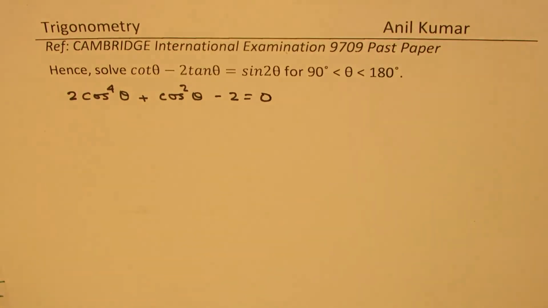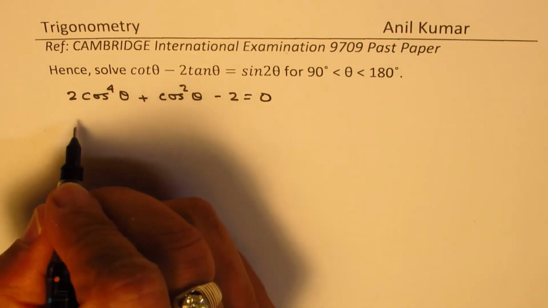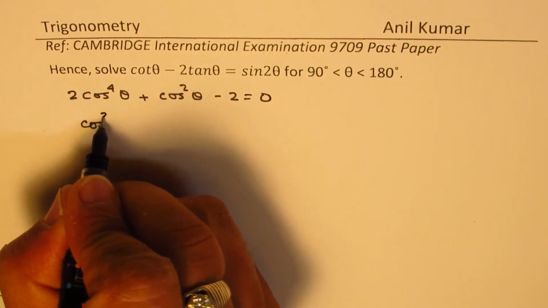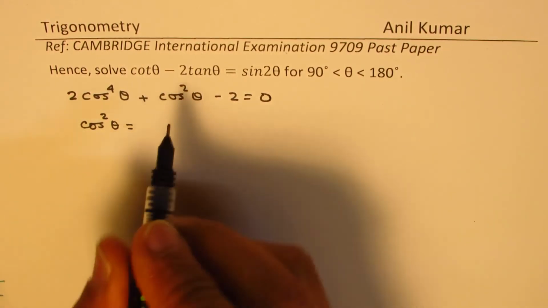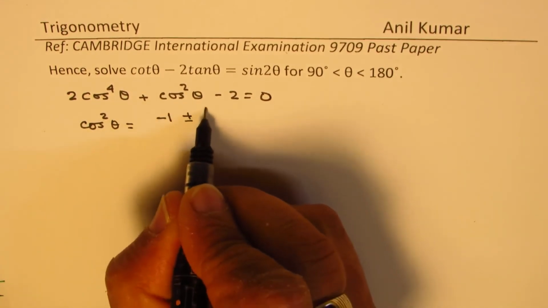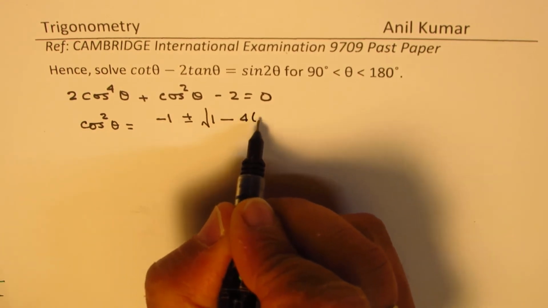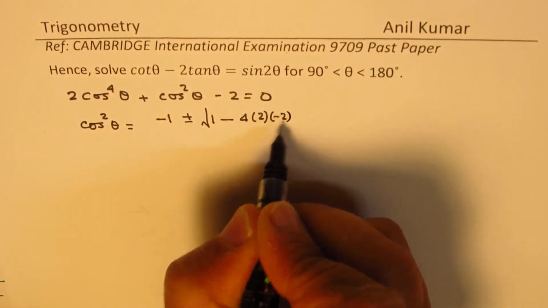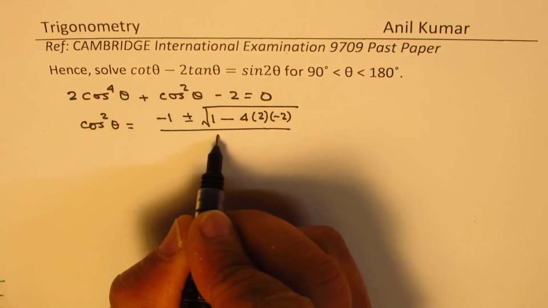Correct? Now to solve this, it is a quadratic equation in cos square. So we can write that cos square theta is equal to, we can apply the quadratic formula, which is minus b plus or minus the square root of b square, which is 1, minus 4ac, so 4 times 2 times minus 2, divided by 2 times a, which is 4.